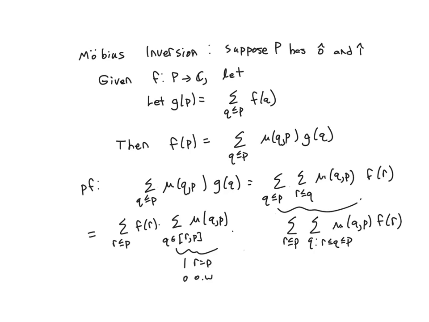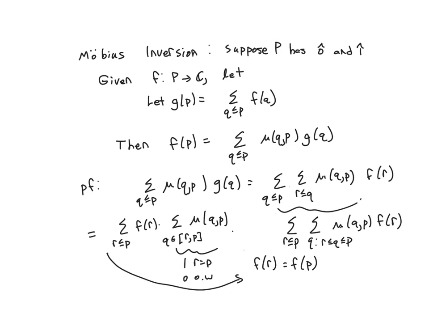And so most of these terms are 0 except the case when r is equal to p, which means for most terms in this summation, this term is 0, and 0 times anything is 0. And so the only term in this summation that survives is the case when r equals p. And what happens when r equals p? Well, f of r is f of p, which is exactly what we want to show.